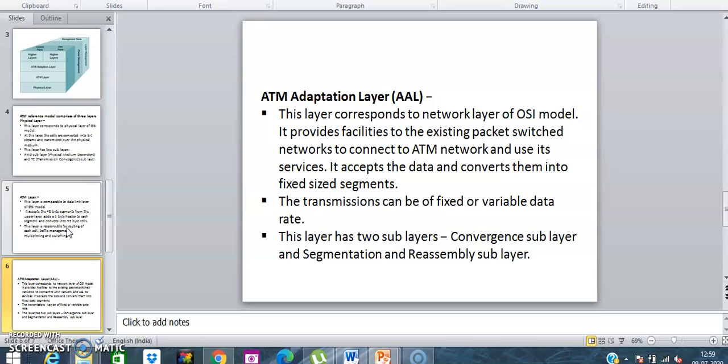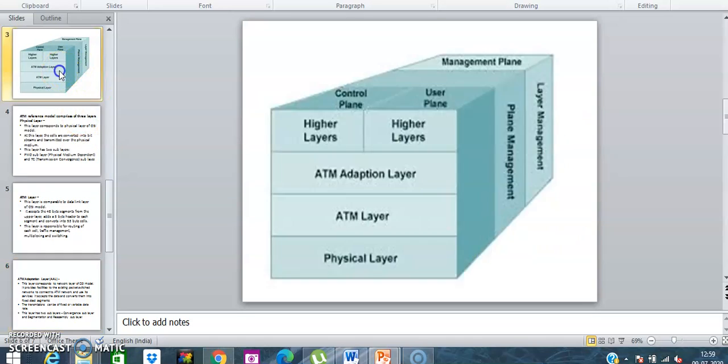The AAL is divided into two major parts, an upper part and a lower part. The upper part of the ATM adaptation layer is called the convergence sublayer.